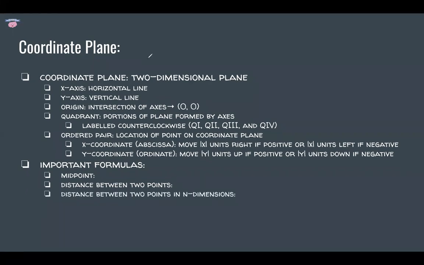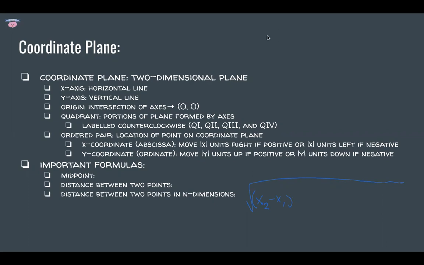Distance between two points in n dimensions. If you have (x1, y1) and (x2, y2), and so on and so forth, it'll be (x2 minus x1) squared, and so on.